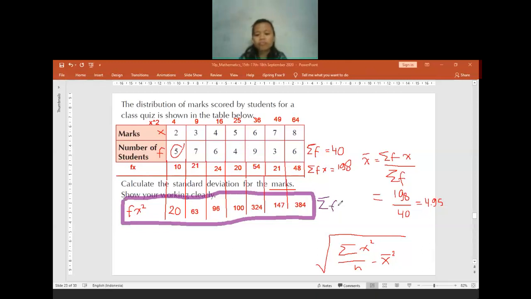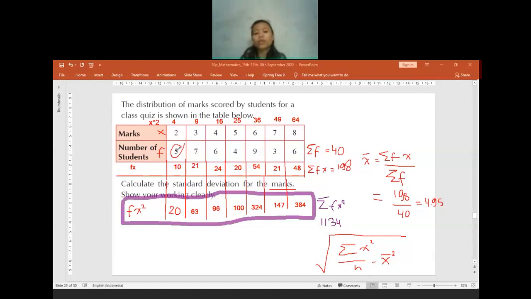Sigma fx square is equal to how many? 1134. Is there anyone who gets a different value from Natalie? Or do all of you already have the same value? Yeah, 1134, correct? Agree?